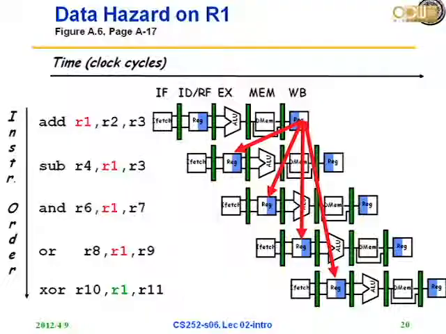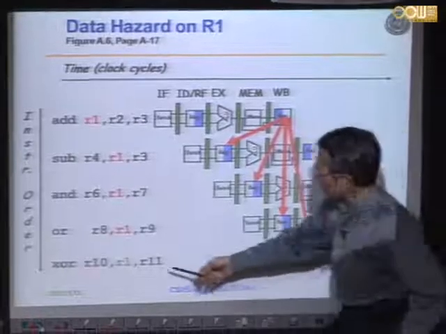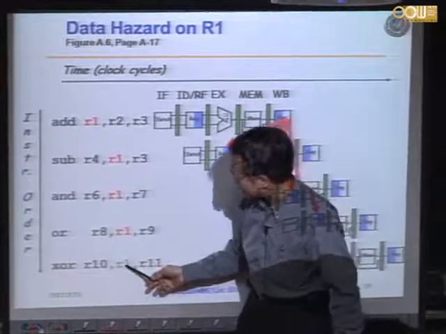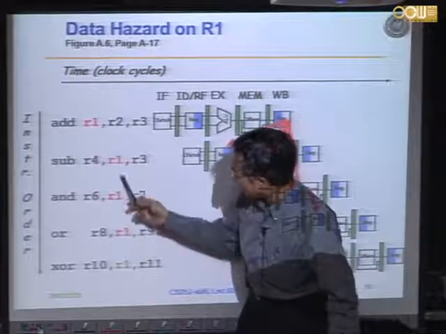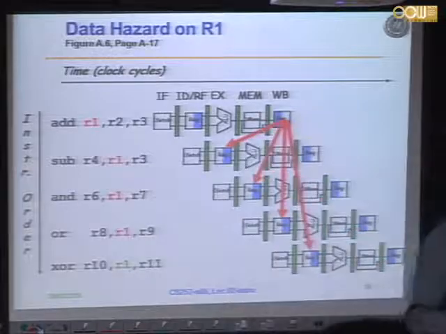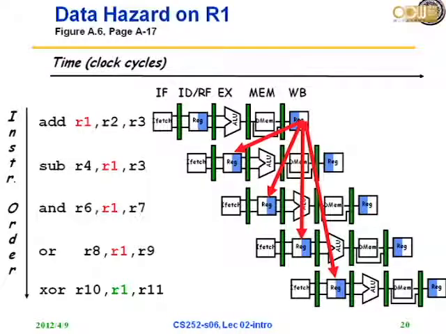So as you can see, we will have a wrong source here for this instruction, also a wrong source for this instruction. And for this instruction, there might be a chance we can get the right result. And for the final instruction, the exclusive OR instruction, there'll be no problem getting the correct R1. So we use green to show that it is safe, and red to show there might be a data hazard. Do you get what this foil is trying to tell you?